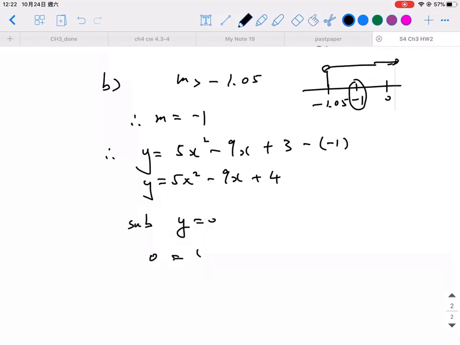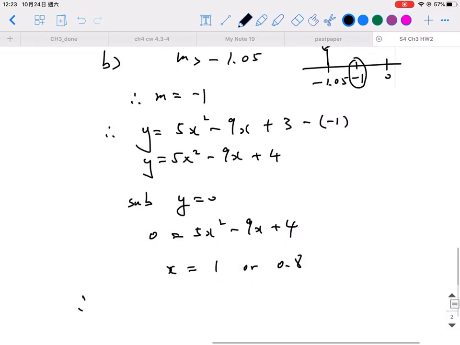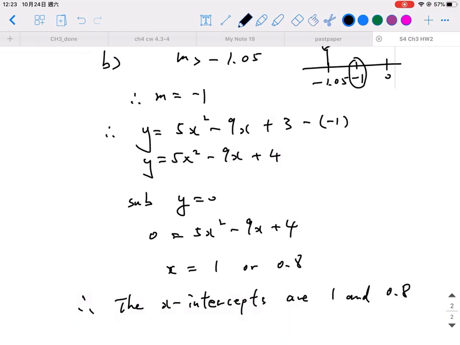So 0 is equal to 5x squared minus 9x plus 4. So you can solve it by formula, and you get the answer x is equal to 1 over 0.8. So we write down a statement, the x-intercept 1 and negative 0.8. Okay, so that's the end of this homework solution.